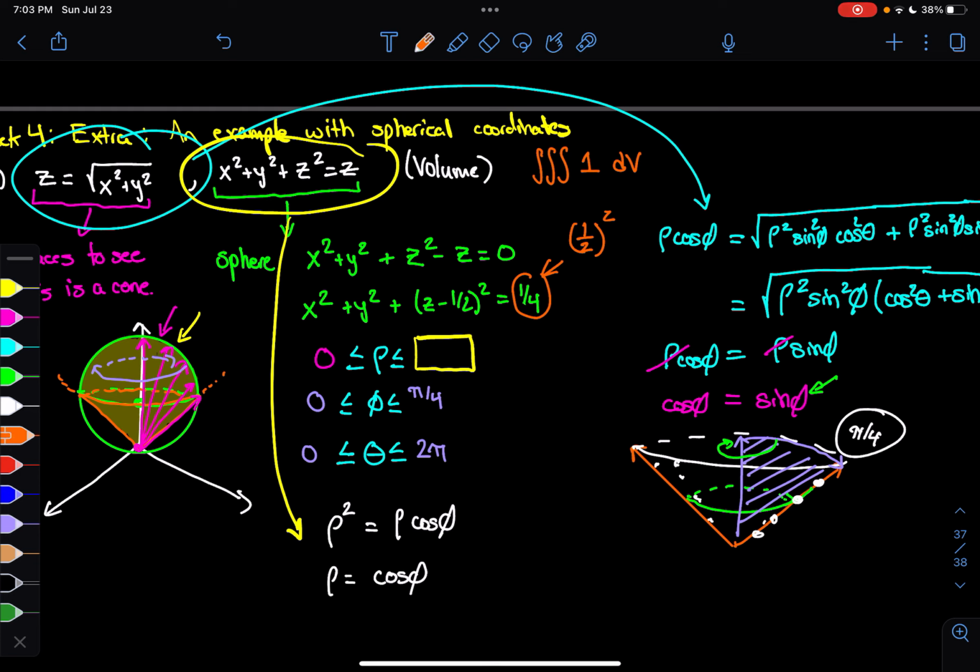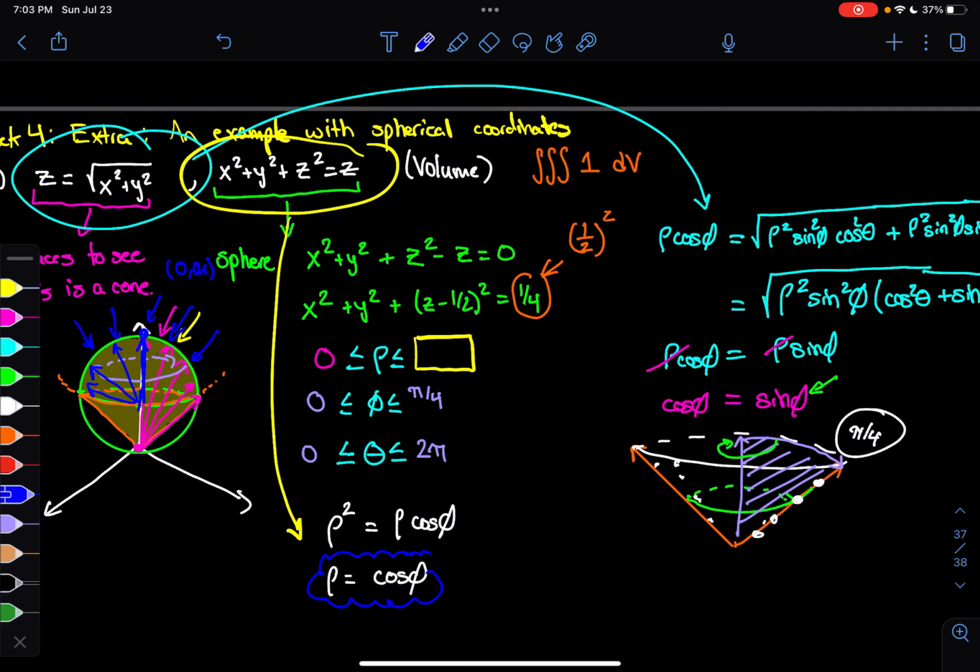So basically what that tells us is that the surface of this sphere, where our rho is going up to every single point, is given by the equation rho equals cosine of phi, which should make sense. If phi is 0, if we're pointing straight up, well, cosine is going to be 1, and the top point right here is going to be the point 0, 0, 1.